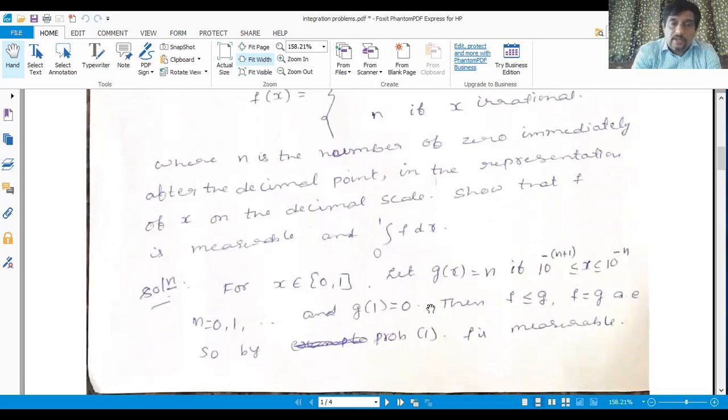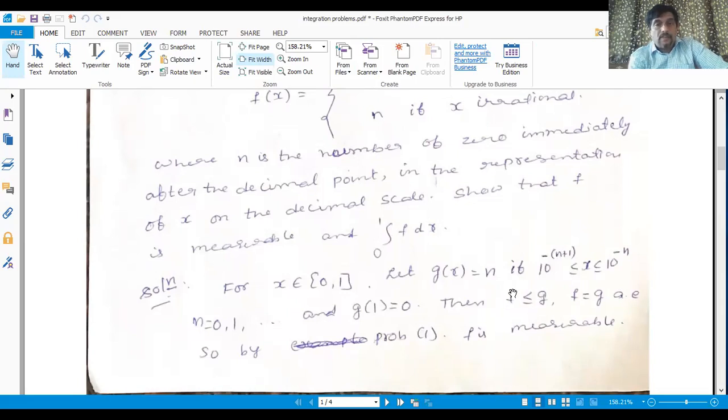Here what is given? The function x lying from 0 to 1, and we choose g of x equal to n when x lies between 1 by 10 power n plus 1 and 1 by 10 power n. Then n is running from 0, 1, etc. And g of 1, that particular point value, is equal to 0.